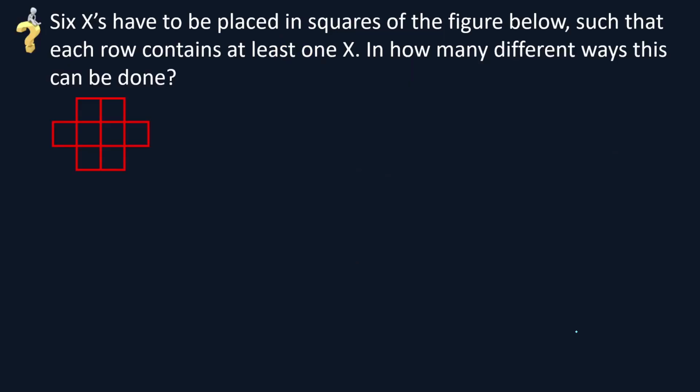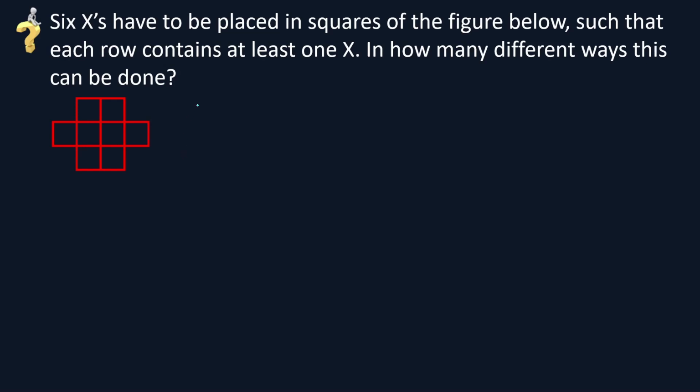Let me take an example. See this question. There are 6 x and they have to be placed in this grid in such a way that each row contains at least one x. In how many different ways can this be done? You see, you can do this problem without using the multinomial concept. You will simply say that there are 1, 2, 3, 4, 5, 6, 7, 8 squares available.